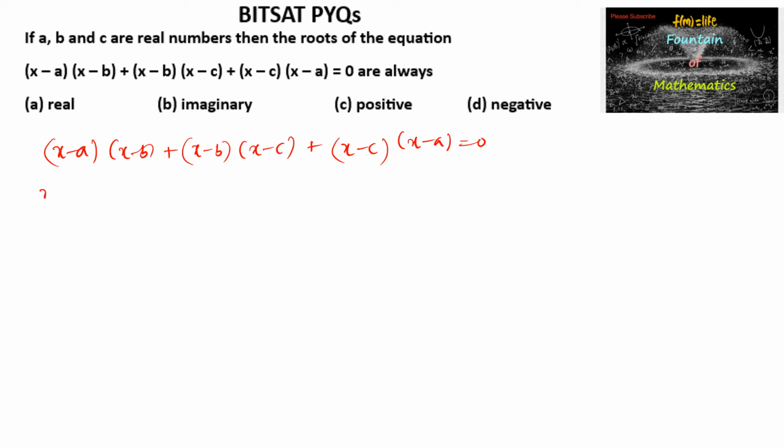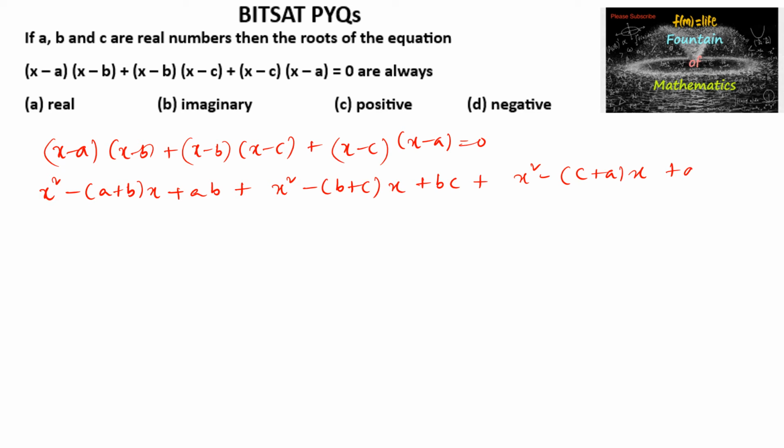So after simplifying, we'll get x² − (a+b)x + ab, and here we get x² − (b+c)x + bc, and here x² − (c+a)x + ac, equal to 0.